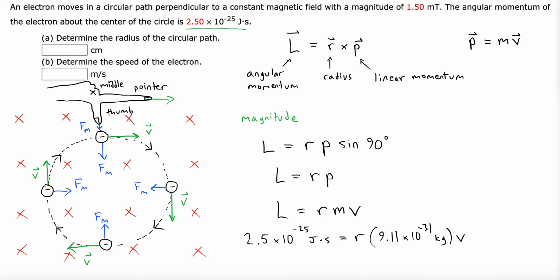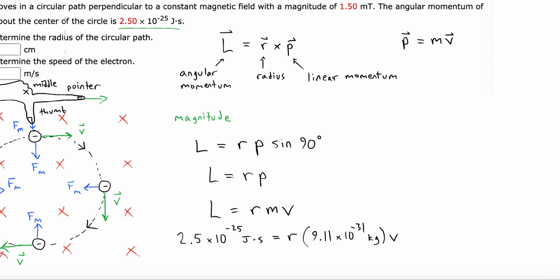All right, so what other formulas do we have that can help us solve this? Well, we know that we need the centripetal force to equal the magnetic force. And we have a formula for each of these from the past. From Physics 1, centripetal force is mv squared over r.